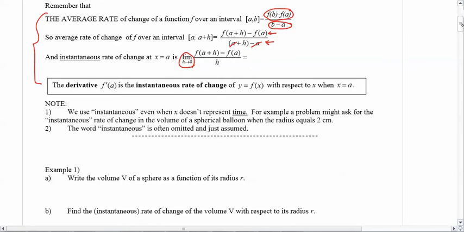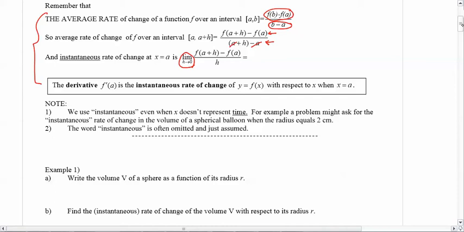Now, a couple of quick notes about the word instantaneous. Usually when we talk about something being instantaneous, we're talking about being at the same time. But we use the term instantaneous even when x does not represent time.